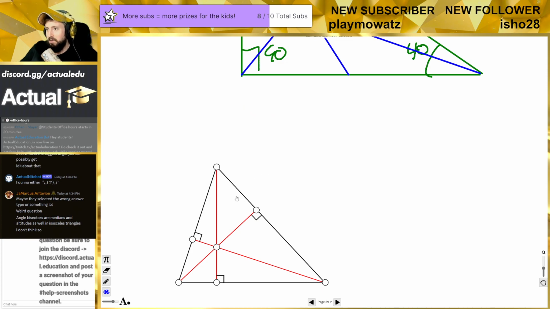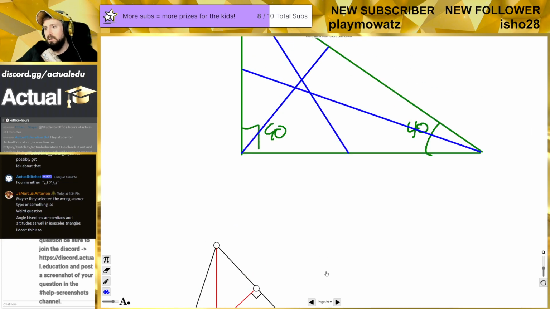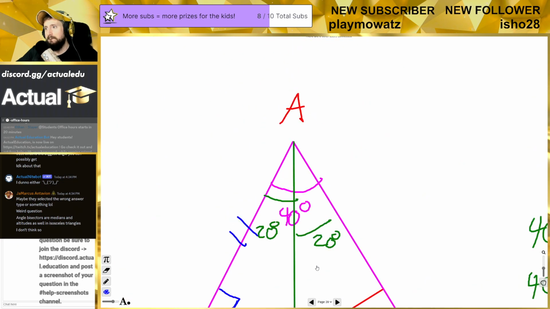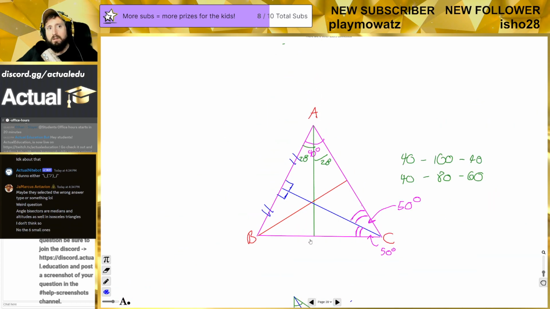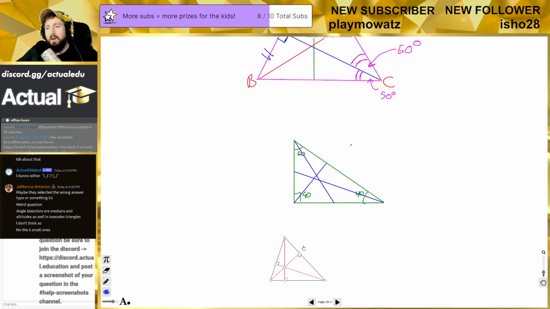Like maybe are they talking about these 6 triangles? 1, 2, 3, 4, 5, 6. Are these the 6 triangles they're talking about? I thought they were talking about this one and this one. Oh, it is the 6 small ones.